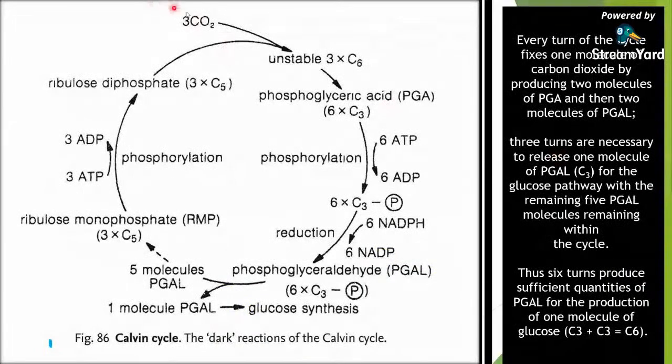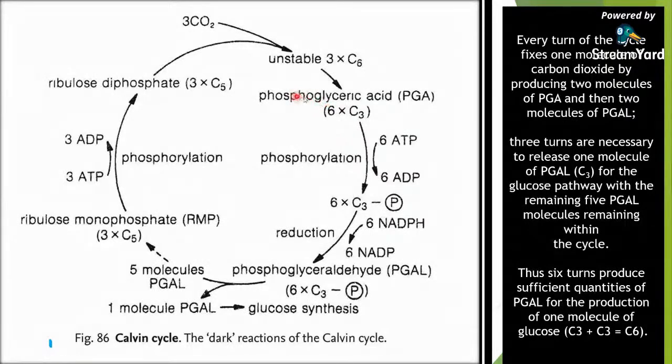When CO2 enters through the stomata, if there are three molecules of CO2, then it will produce a 6 carbon unstable compound, which will be converted to phosphoglyceric acid. One molecule of C6 will be broken down into two molecules of C3. Likewise, as there are three molecules of C6, it will be broken down into six molecules of C3.